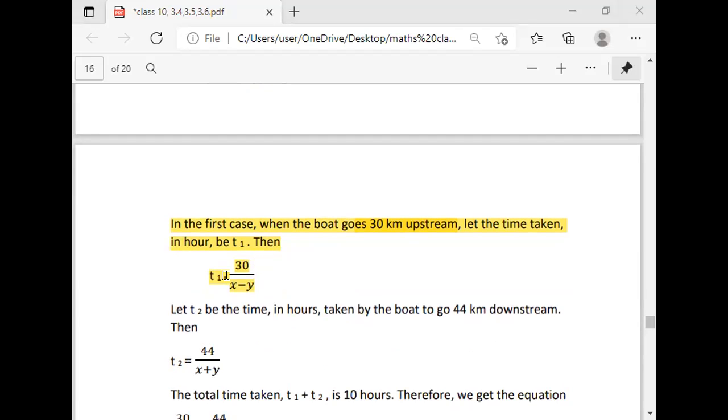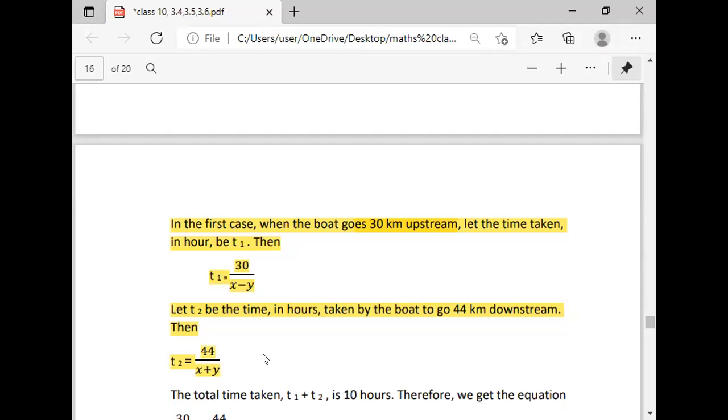Now, in the second case, let t2 be the time in hours taken by the boat to go 44 km downstream. So what will t2 be? It can be denoted as distance by speed, that is, t2 is equal to 44 divided by x plus y. Clear? Why have we taken x plus y instead of x minus y?